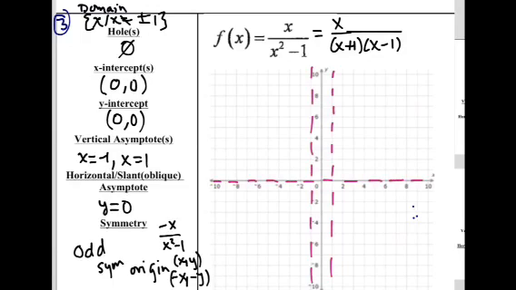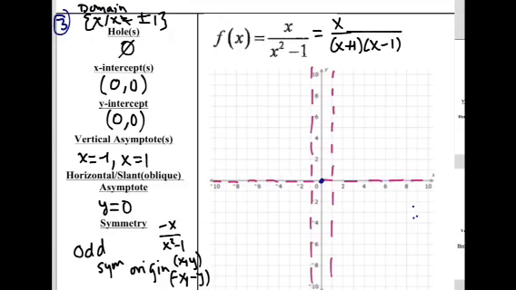And the only point we have is 0, 0. Okay. So with two asymptotes, I know my graph is cut up into 3 sections. I'm going to have a piece here, a piece in the middle here, and a curve right here. So I'm going to have 3 curves in this function.